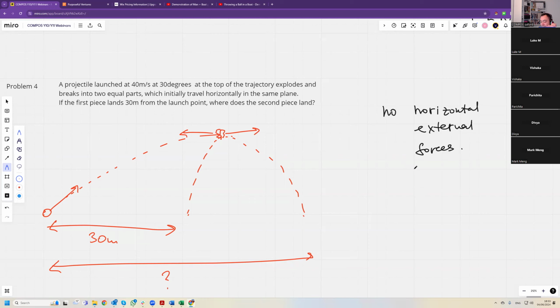But here, the center of mass is already moving. Center of mass of the projectile will move as if nothing happened.